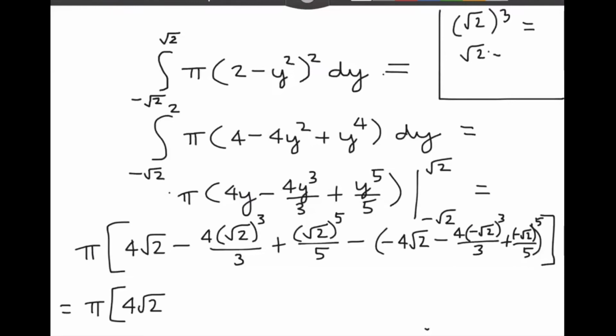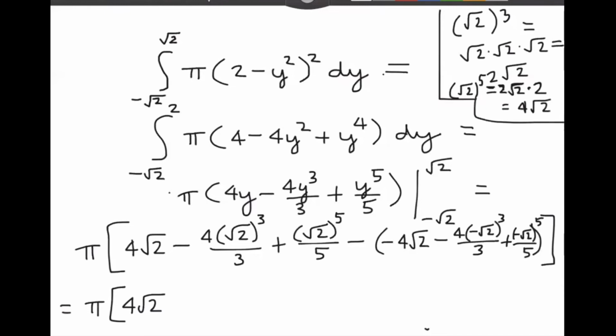So 2 of those will get together and become a 2. So that'll be 2 root 2. And then root 2 to the fifth would just be root 2 cubed, which is 2 root 2, times root 2 squared, which is 2. So 2 root 2 times 2 will be 4 root 2.